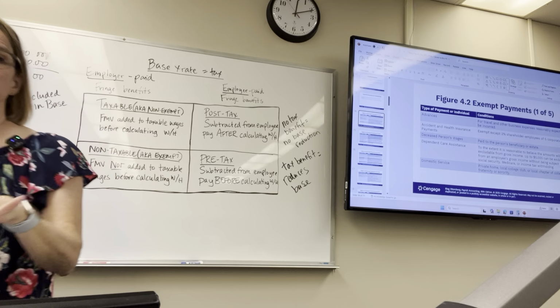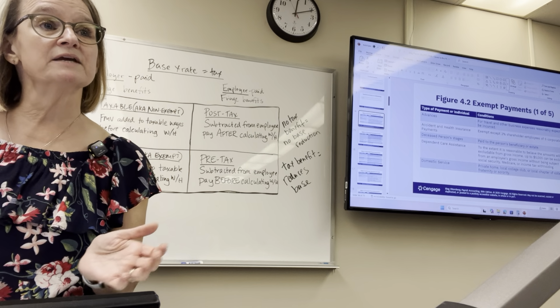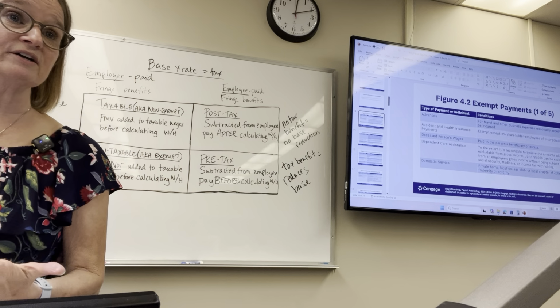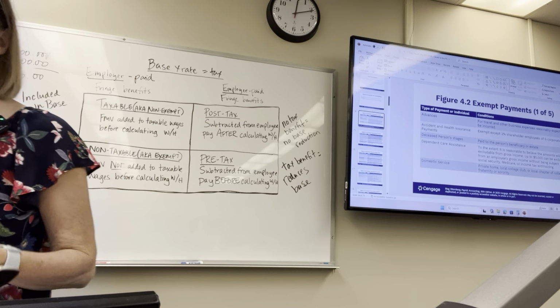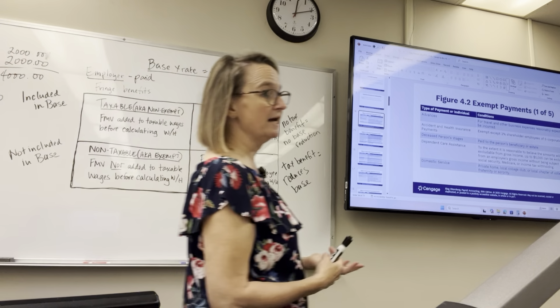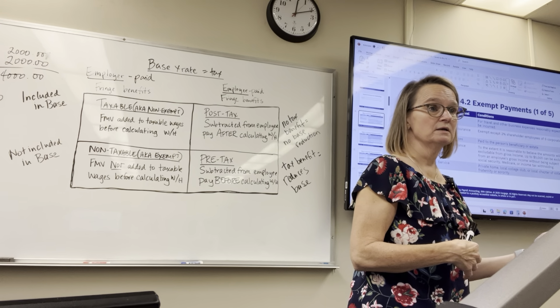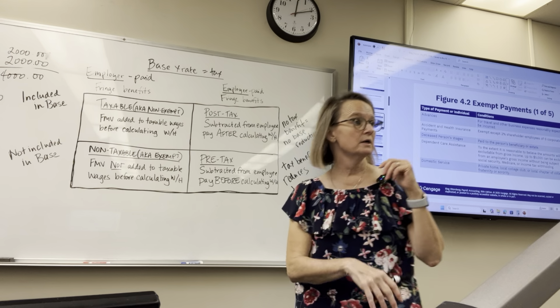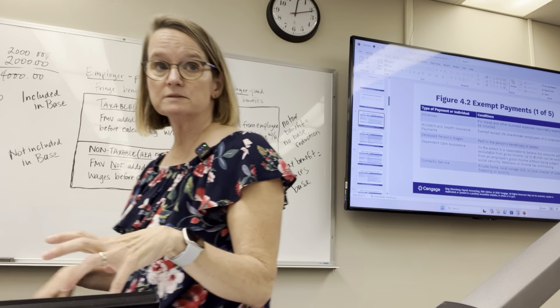This is where either the employer sets aside money for the employee to use to pay dependent care expenses, usually child care expenses, or the employee sets aside money from each paycheck to then reimburse themselves for dependent care expenses.